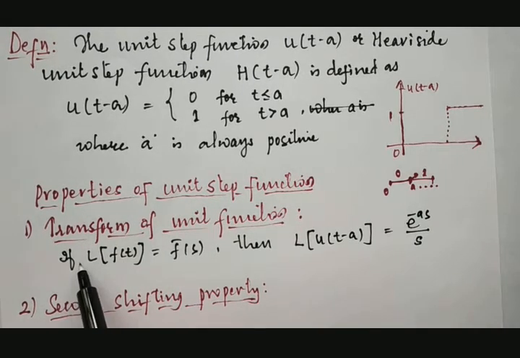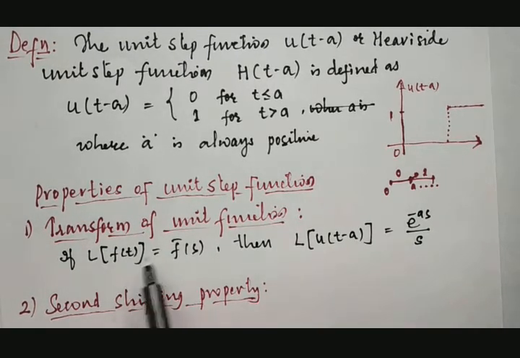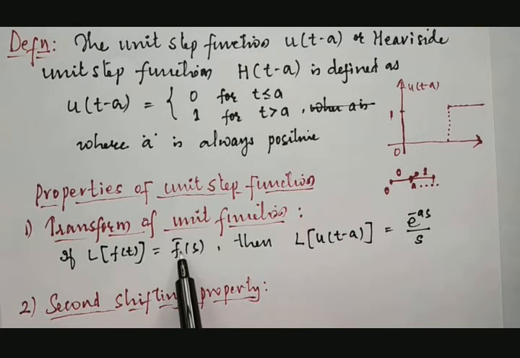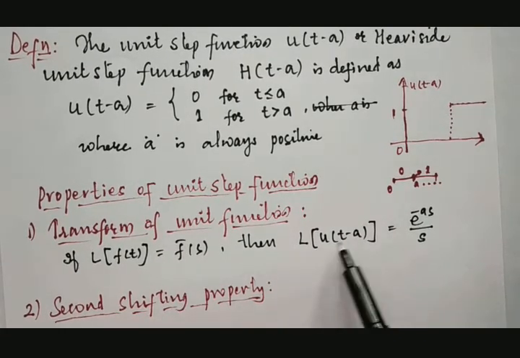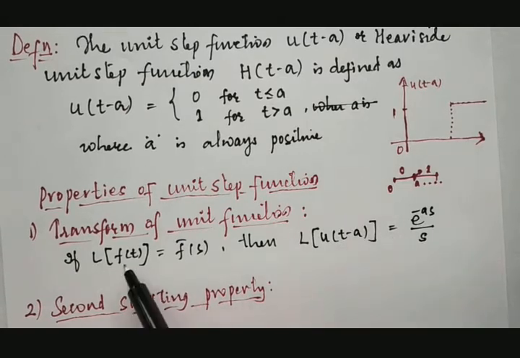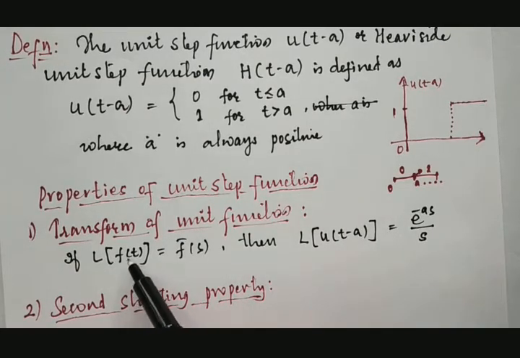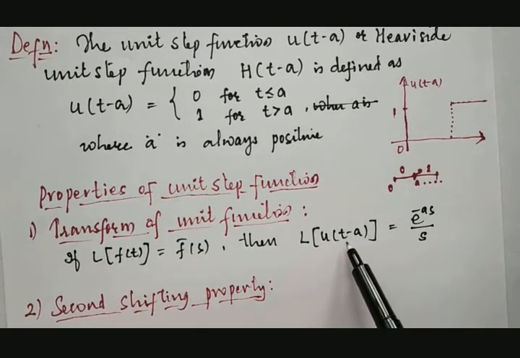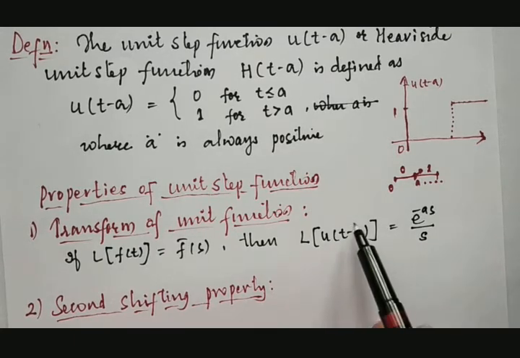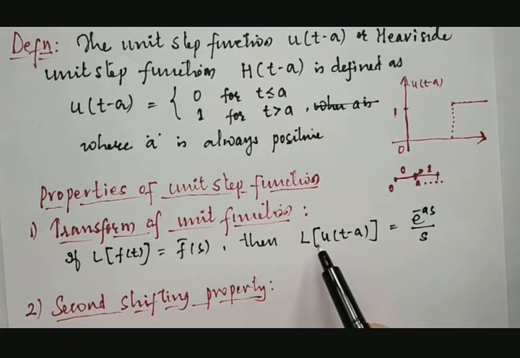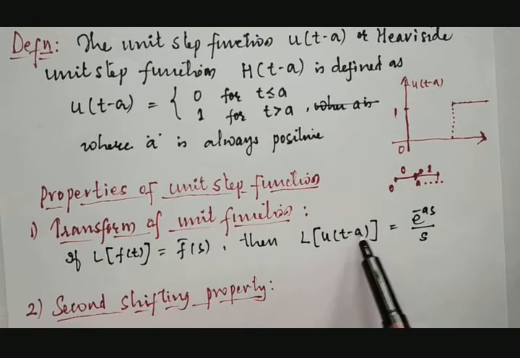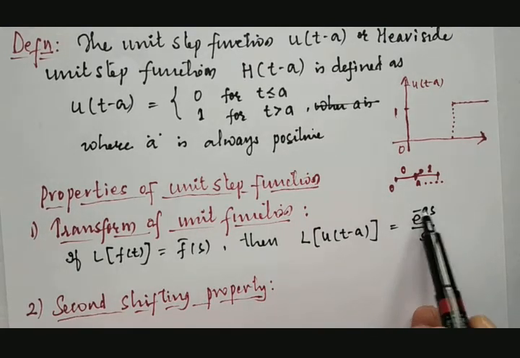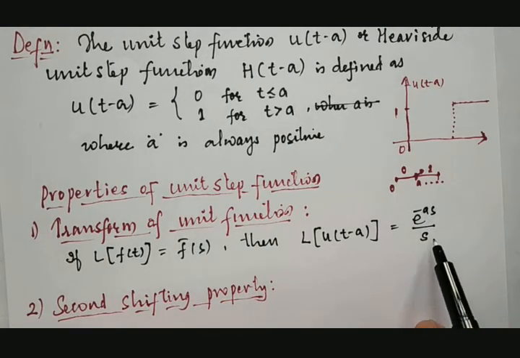If the Laplace transform of f of t is f bar of s, this is a known fact. If the Laplace transformation is of u of t minus a, meaning the unit step function or Heaviside function, then the Laplace transformation of the Heaviside function will be equal to e raised to minus as divided by s.